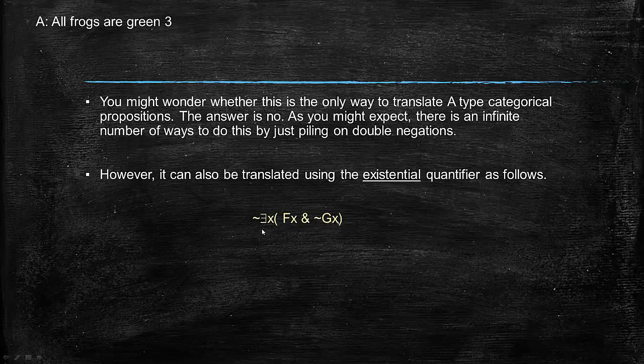So this says, it's not the case that there exists an x such that x is a frog and it's not green, right? So all frogs are green means there are no frogs that are not green, which is what this says. It's not the case that there exists an x such that it's a frog and it's not green. In other words, all frogs are green.